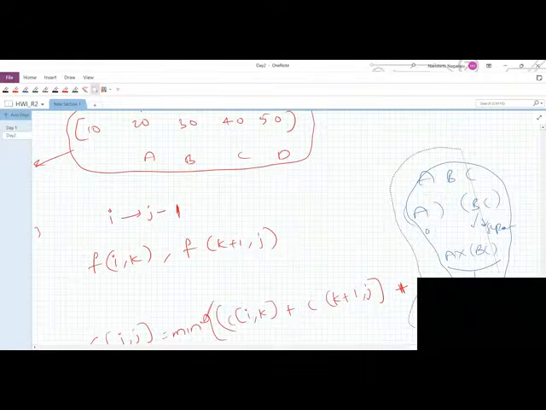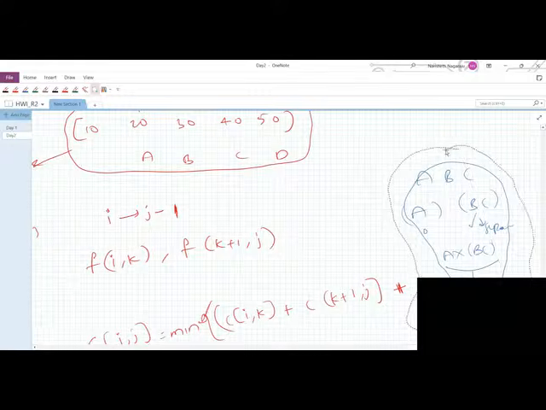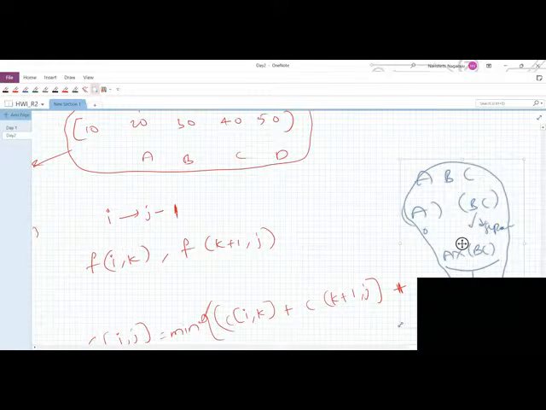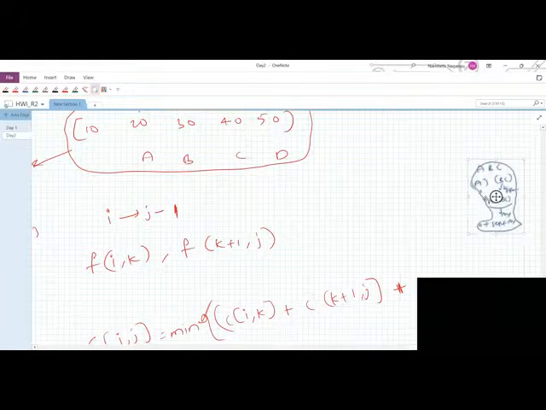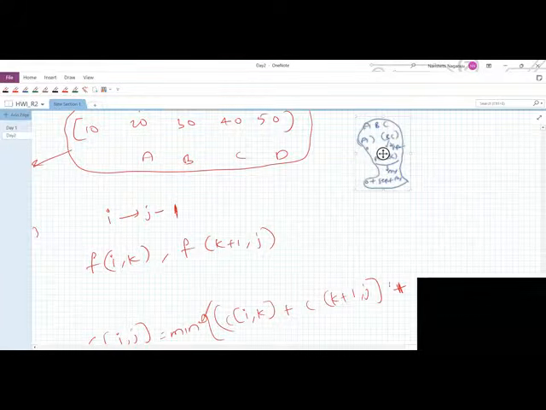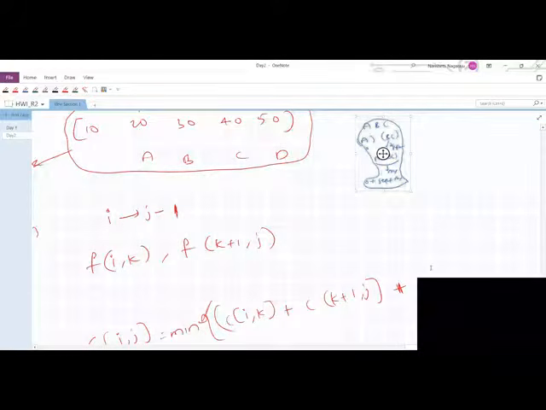Here I wrote two operations, that is the number of operations for the left partition and the right partition, along with the calculations that we will get when we multiply the left and right partition after finding the answer.